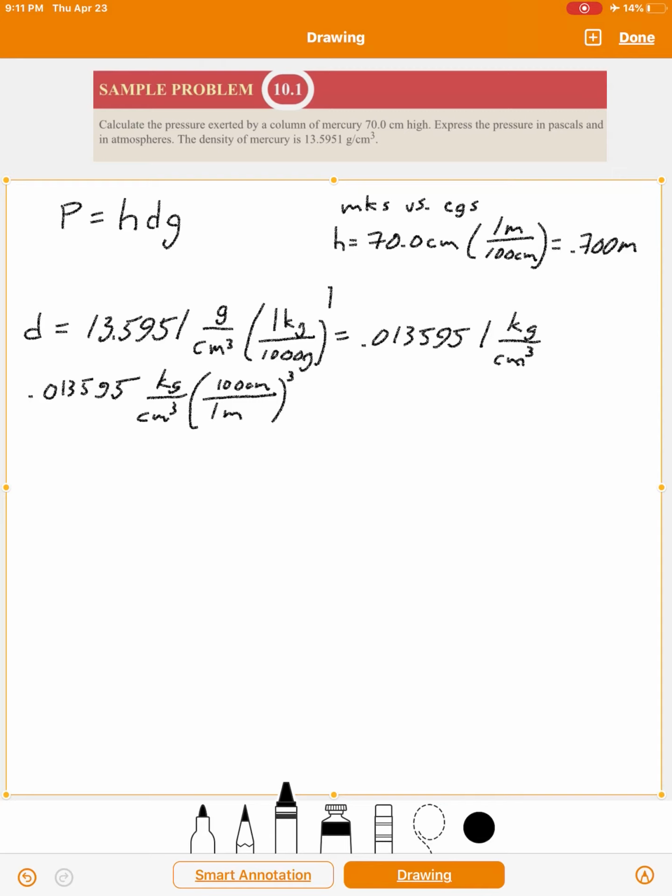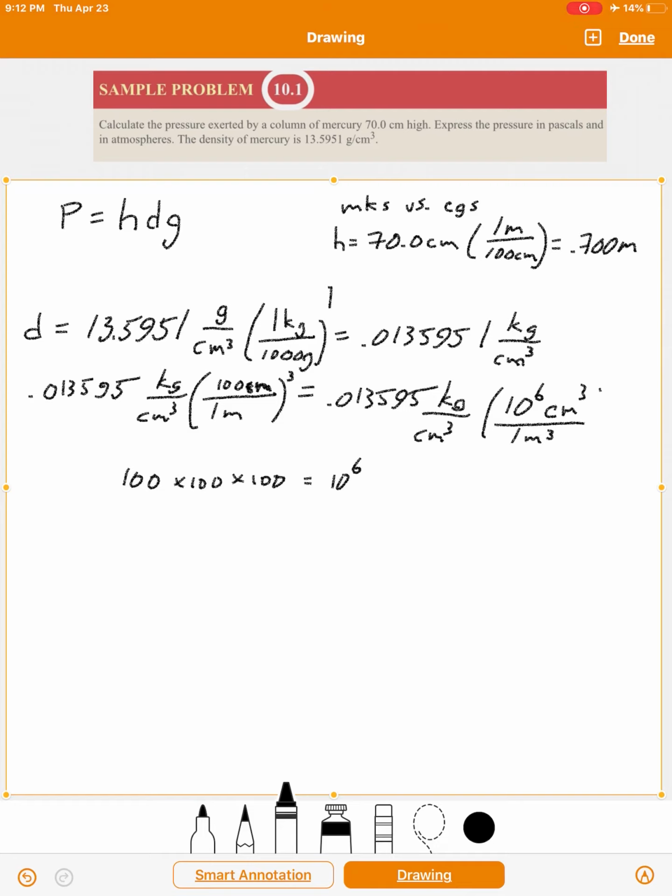Now, when you take 100 and you cube it, 100 times 100 times 100, right? 100 centimeters cubed, that's 10 to the 6th, a million. So this is going to be times 10 to the 6th centimeters cubed per meter cubed.